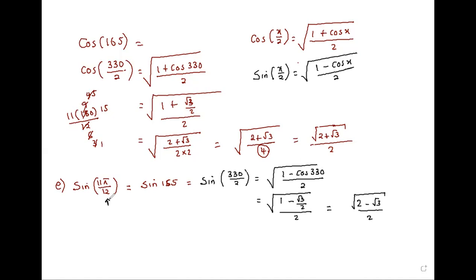So we have another one, C. C, we have tan of 105. 105 is the same thing as 60 plus 45. And the identity for tan is tan 60 plus tan 45 over 1 minus tan 60 tan 45. And what don't you know? We know tan 60, we know tan 45.